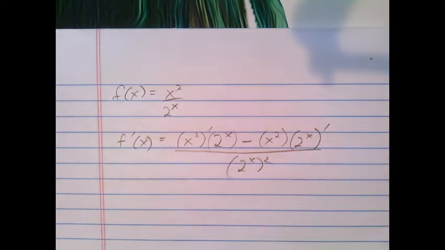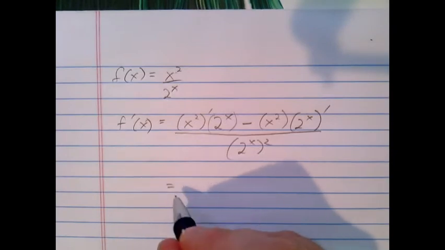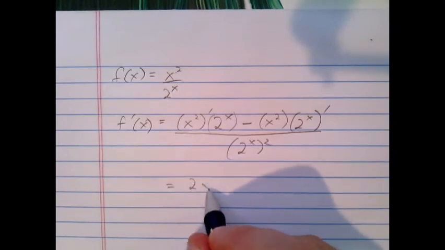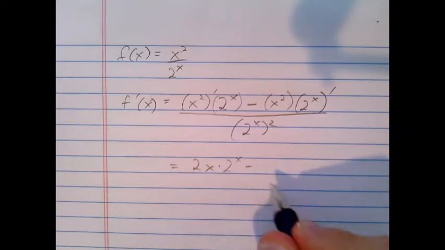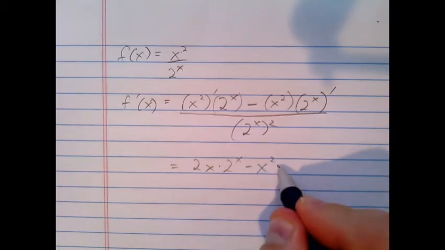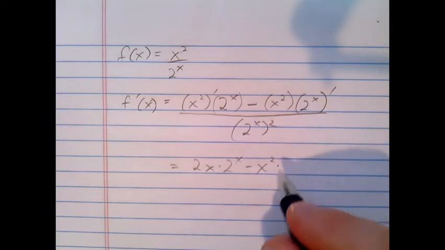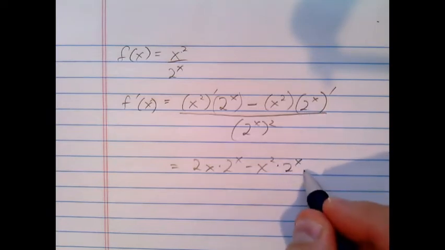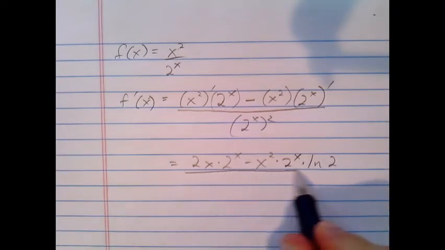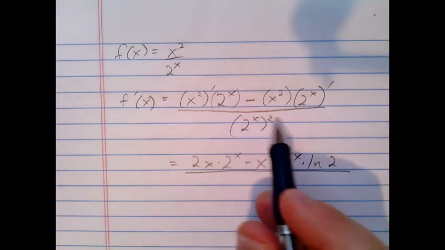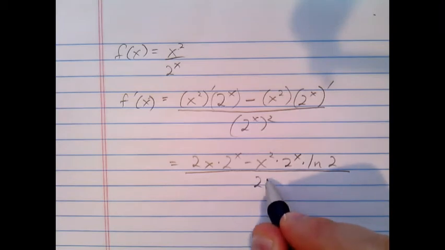That's the quotient rule. So that would be 2x times 2 to the x minus x squared times, remember when we took the derivative of 2 to the x, that was 2 to the x times natural log of 2. And 2 to the x squared is just 2 to the 2x.